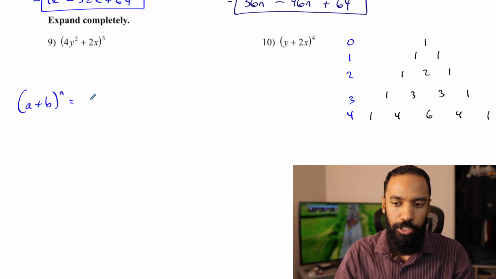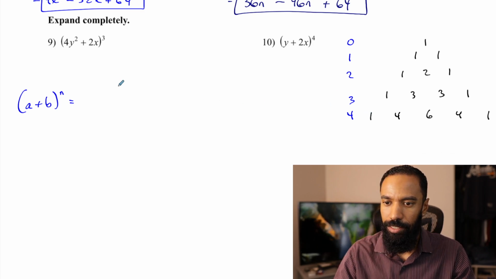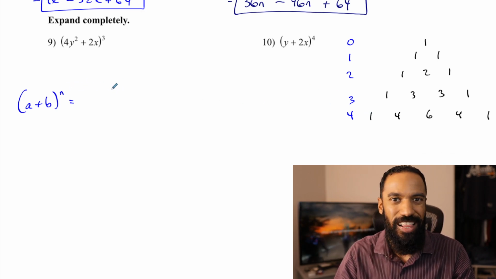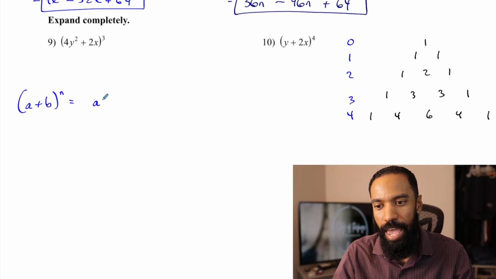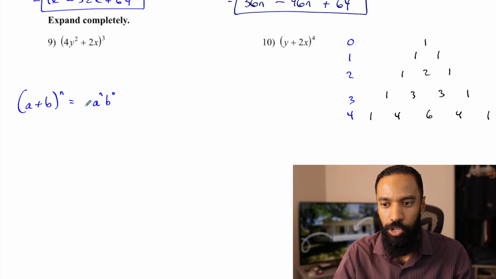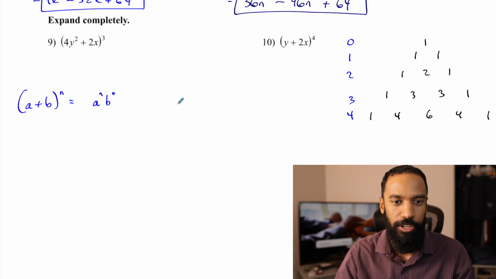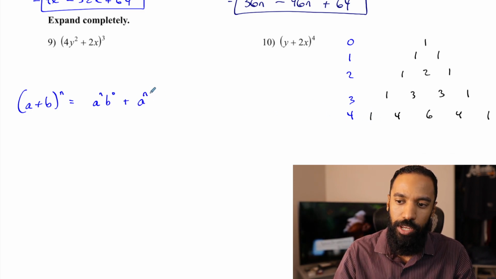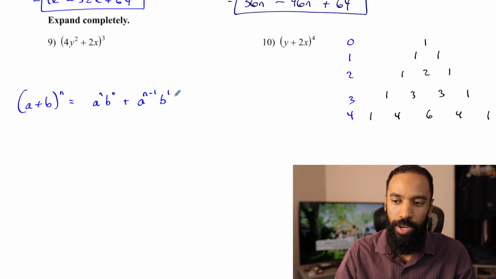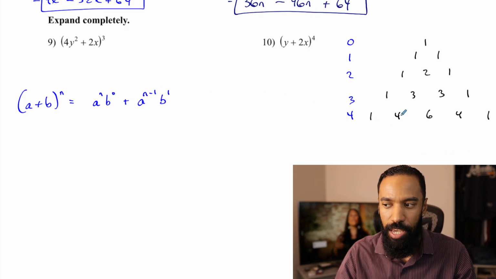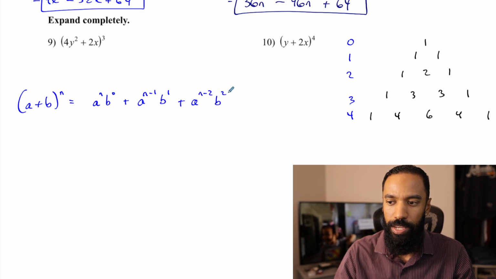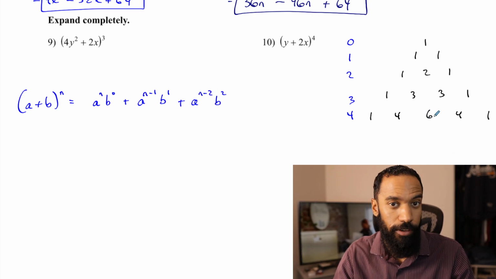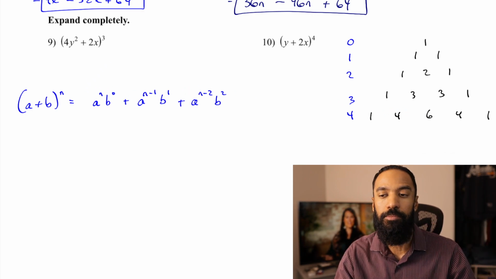But your first term, a, gets raised to the nth power and b gets raised to the 0 power, and it multiplies by your coefficient. And then plus a gets raised to 1 less power, while b gets raised to the first power, and then it's times the next coefficient. Plus a gets raised to 1 less power, b gets raised to the second power, times the next coefficient, and it keeps going.